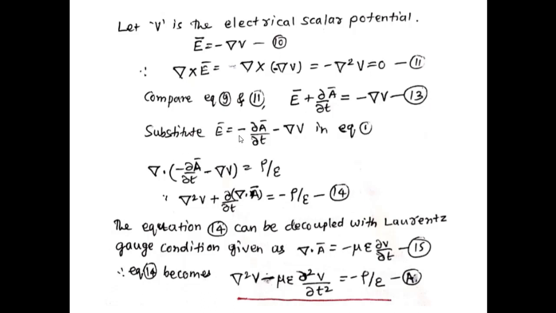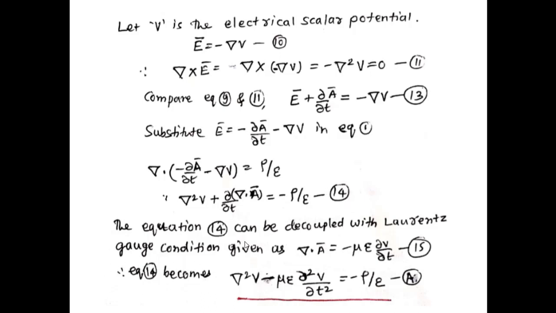Substitute E bar is equal to minus dou by dou t A bar minus del V in equation number 1. We get del dot into bracket minus dou by dou t A bar minus del V is equal to rho by epsilon. Therefore, del square V plus dou by dou t del dot A bar is equal to minus rho by epsilon, equation number 14.